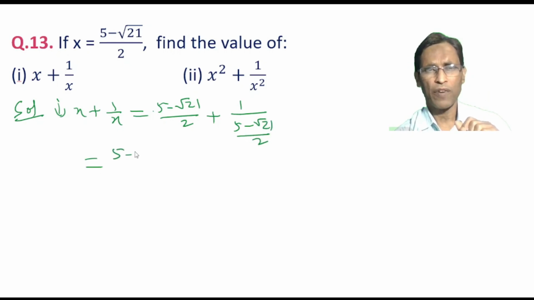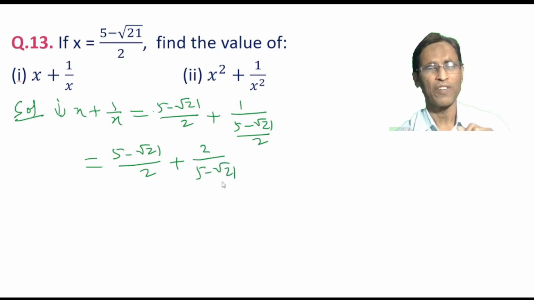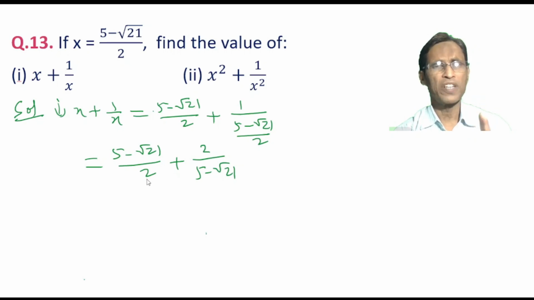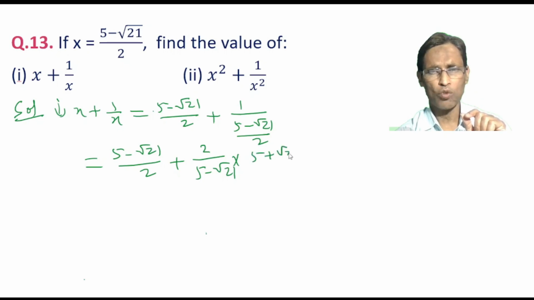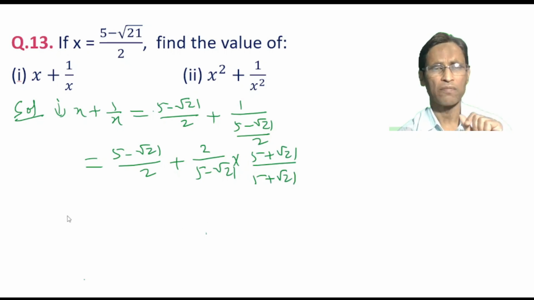Therefore, 5 minus root 21 by 2 plus this fraction comes 2 by 5 minus under root 21. Here this denominator is rational, but this denominator is irrational, so it needs to be rationalized. For rationalizing, we multiply this fraction by 5 plus root 21 by 5 plus root 21.